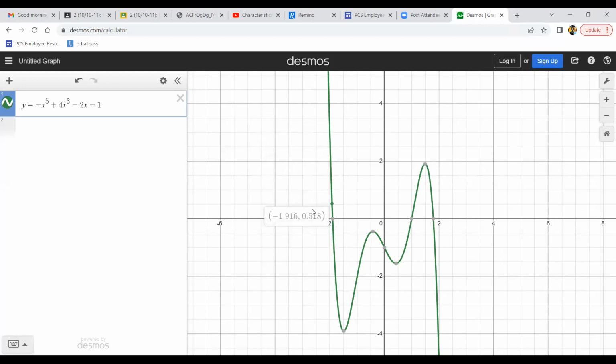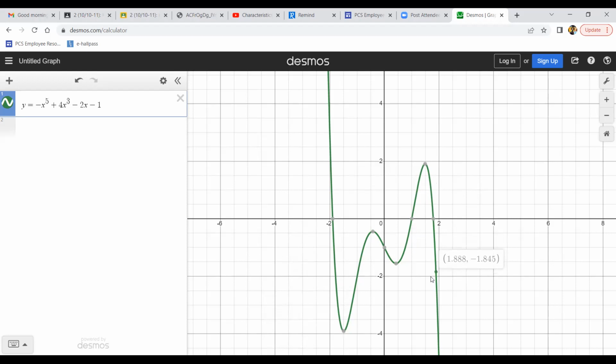What about these y values? They're negative. If I keep going, what about these y values over here? Negative. So I still have negative y values. What about up here? Positive. So these are positive y values. And if I go over here? Negative.